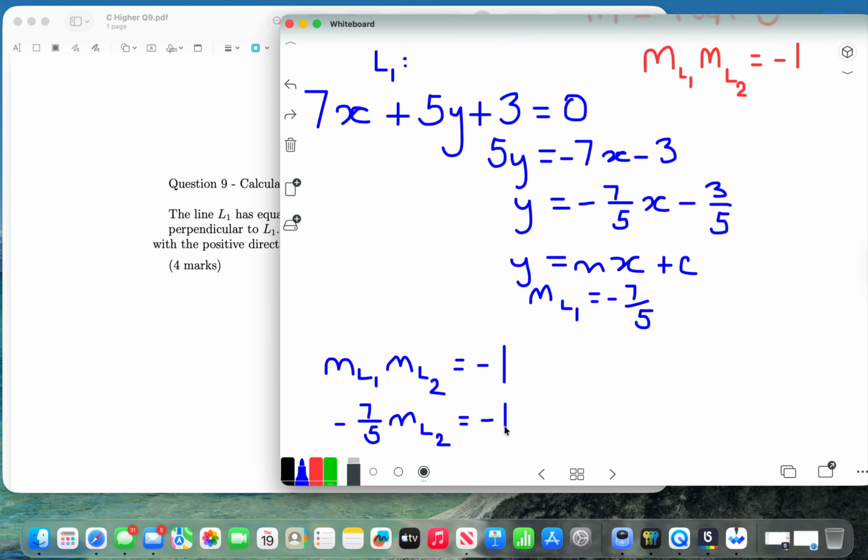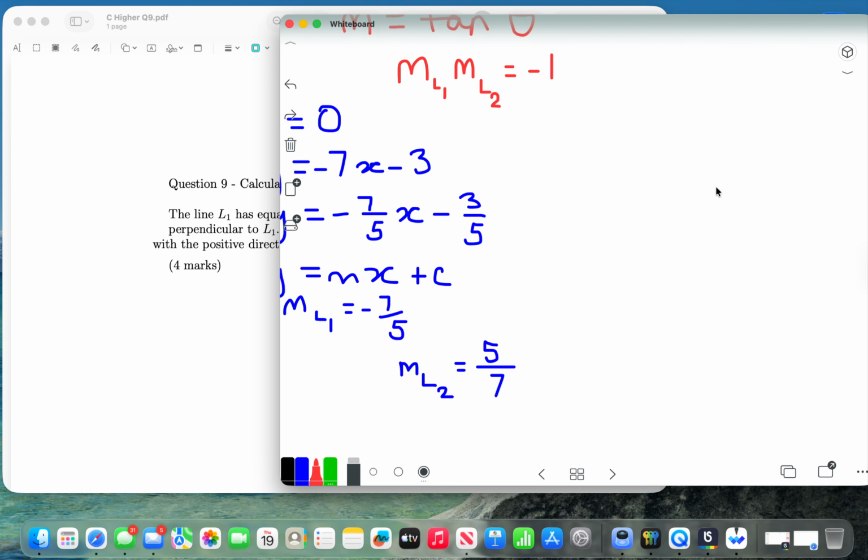Taking the negatives away, because two negatives give a positive, we can find the reciprocal of 7/5. So you flip it round and it's 5 over 7. That is the gradient of L2.